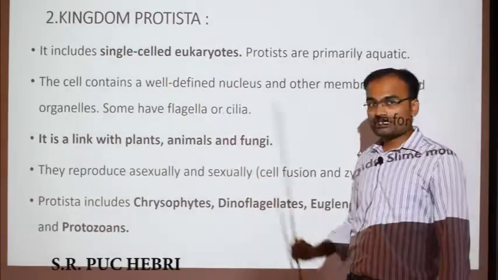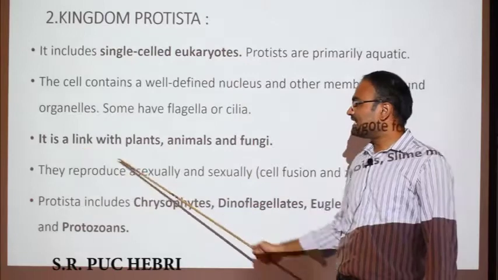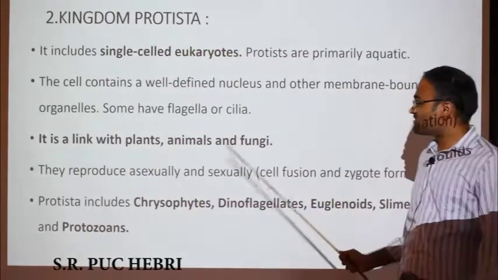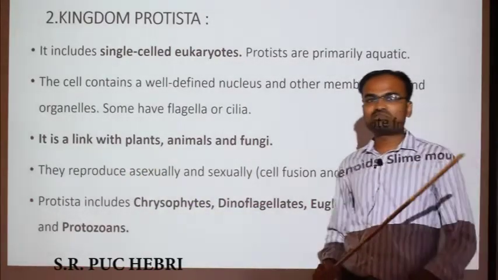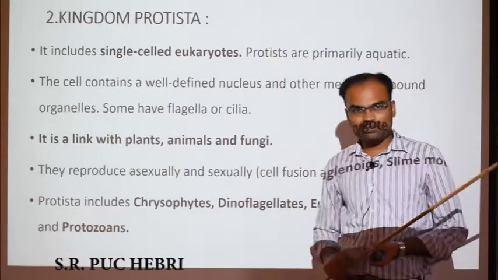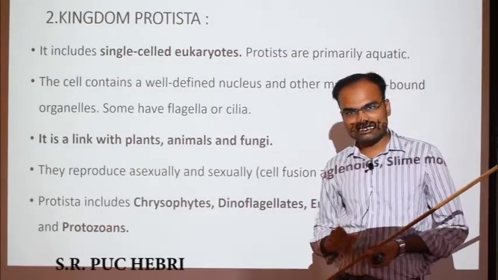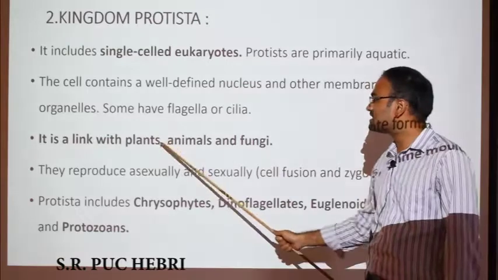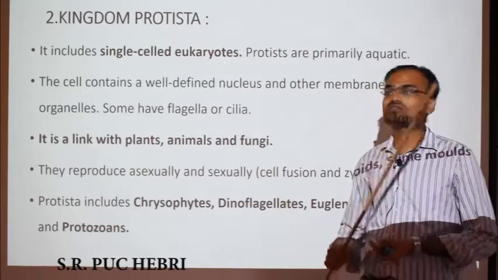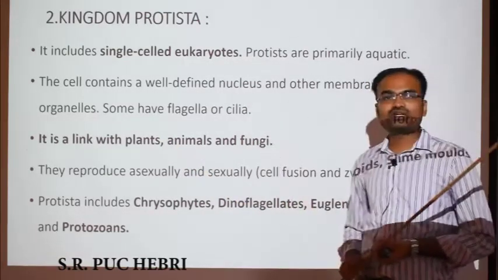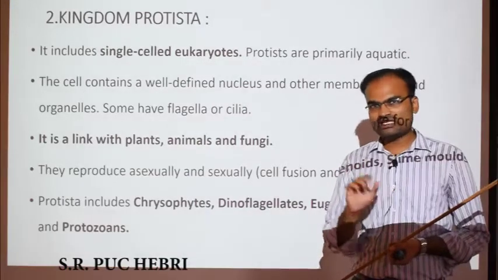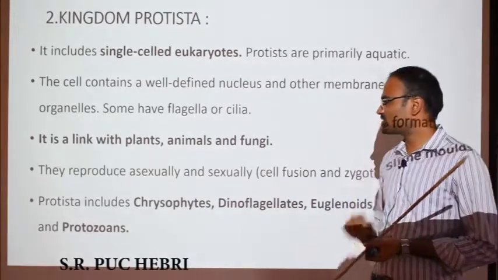And the kingdom Protista is very important, it is a link with plants, animals as well as with the fungi. What does it mean? The protistans possess characters which are present in these kingdoms also. For example, when we consider Euglena, it is one protistan.